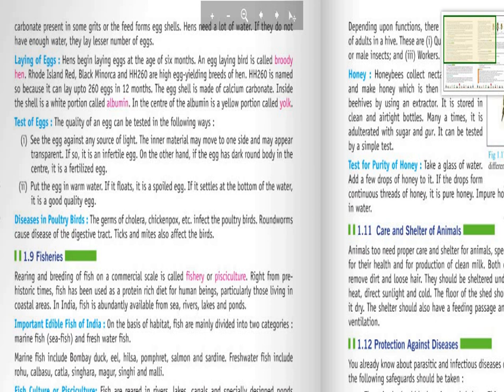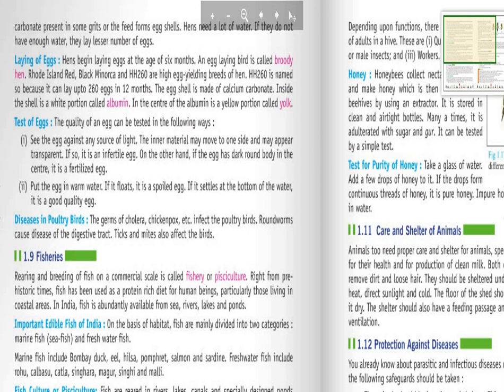Grits are small pebbles or crushed stones which are used by the hens to grind their food in their stomach, because hens do not have teeth, so whatever they eat is not ground properly. So hens eat food and also stones, and those stones help them to crush that food, which is later digested easily by the intestine of the chicken.